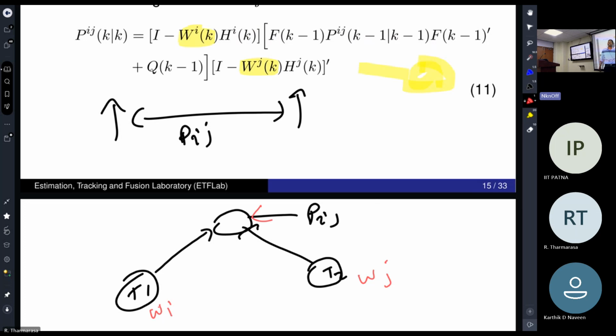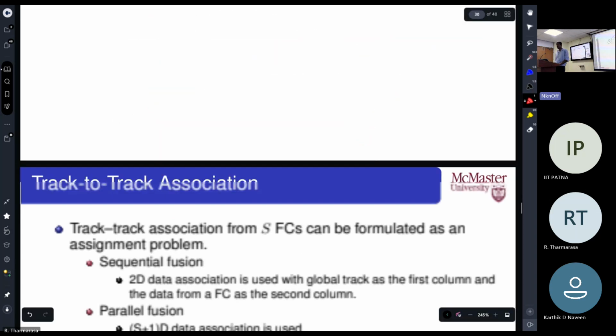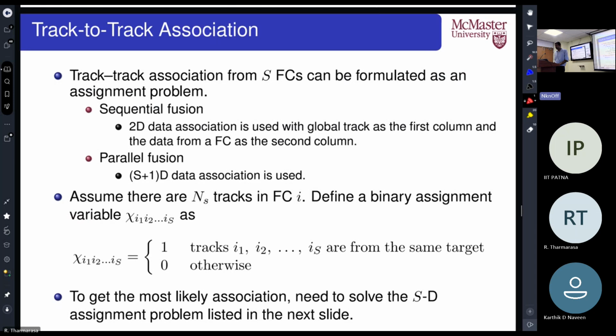That's the weight we use in the Kalman filter here, and we find the cross correlation here. In order to do that, in addition to sending X and P, you have to send W as well. Then you lose the benefit of reducing the communication load because you have to send additional information. The communication load increases, and it's complicated as well. So that's why I said this is a way to do it, but I wouldn't recommend that.